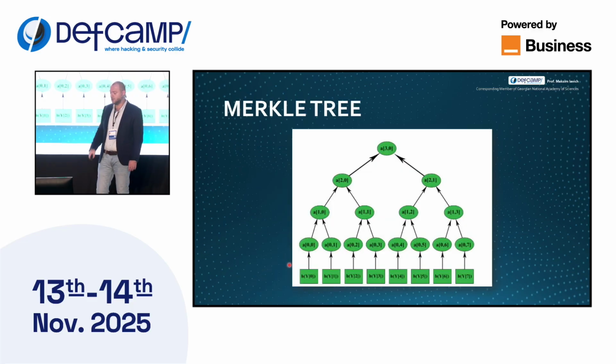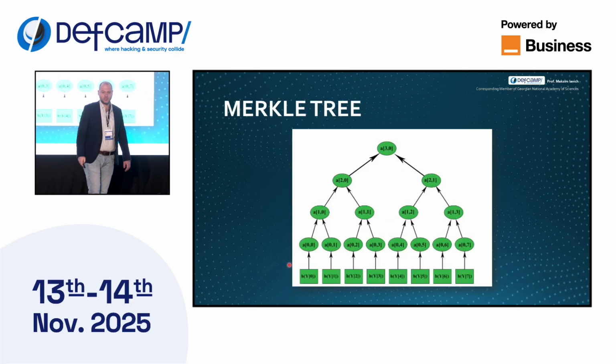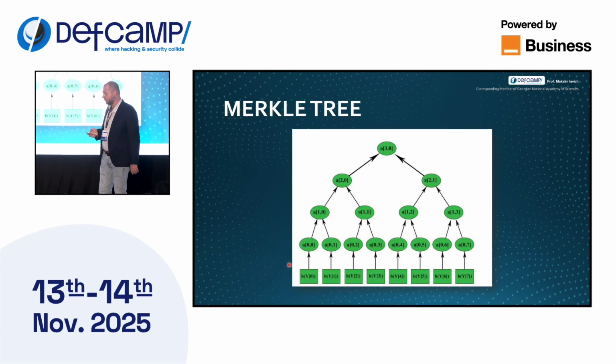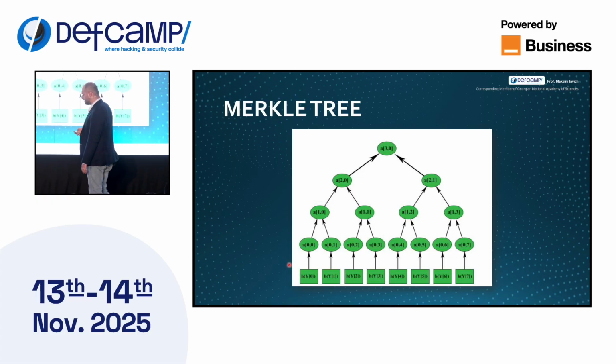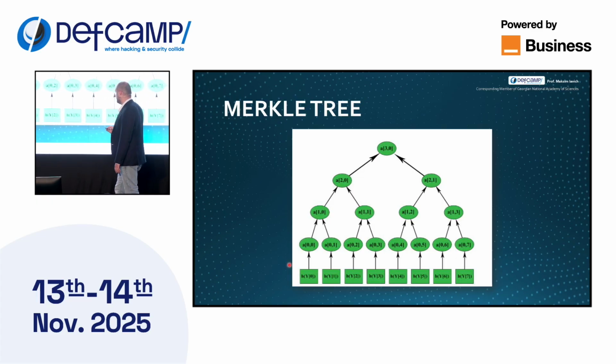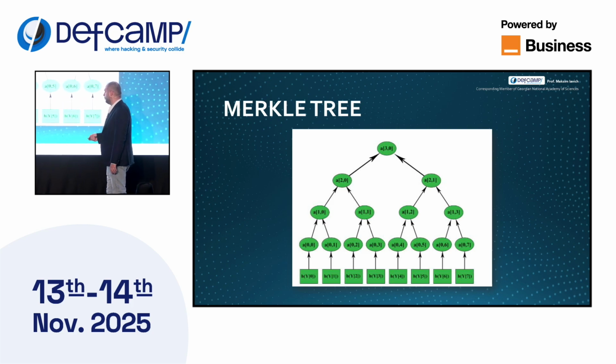post-quantum ones. For this, Merkle tree is being used. How it works? How to construct Merkle tree? First of all, we use our verification keys. We hash them and get the first nodes of our tree.